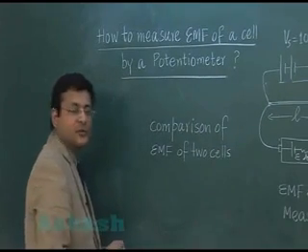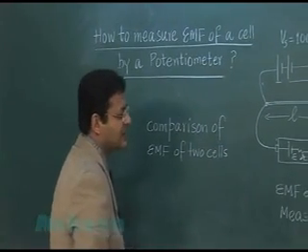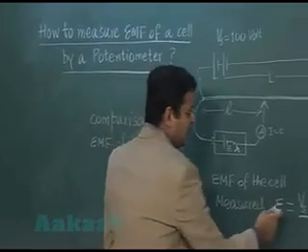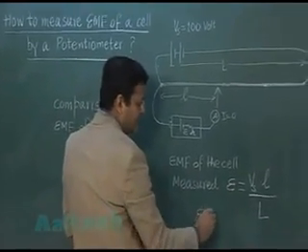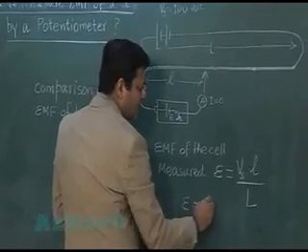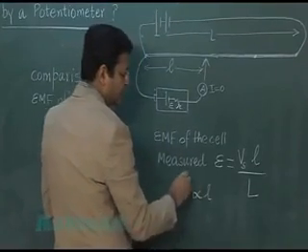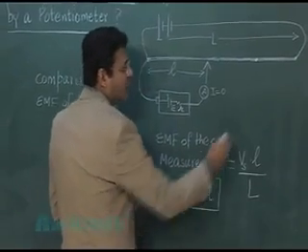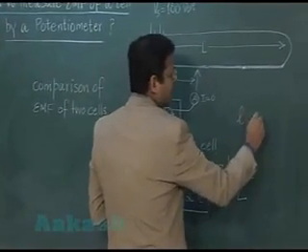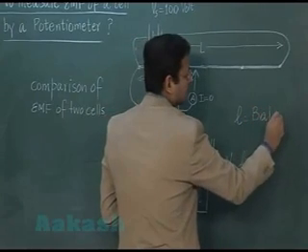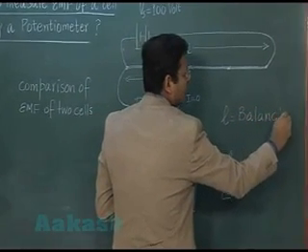Comparison of EMF of two cells can be done by this fact that EMF being measured happens to be proportional to small l. This small l is called balancing length.